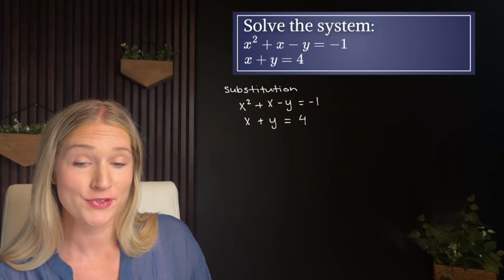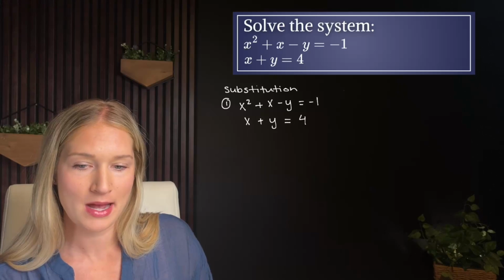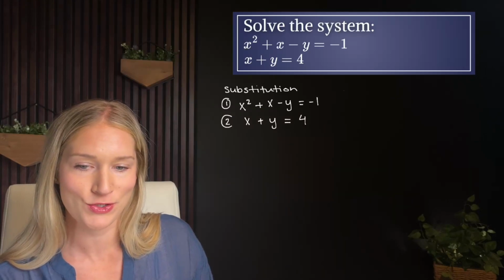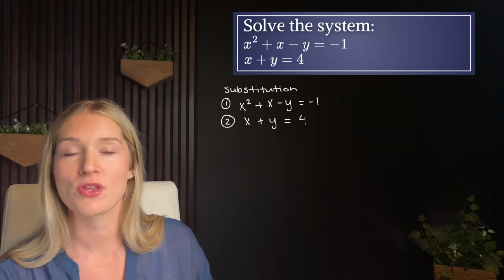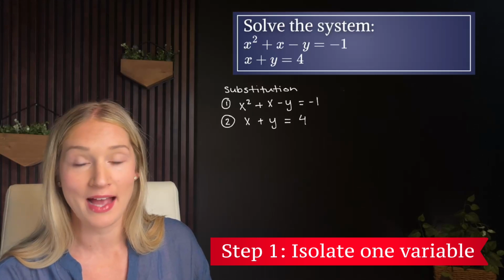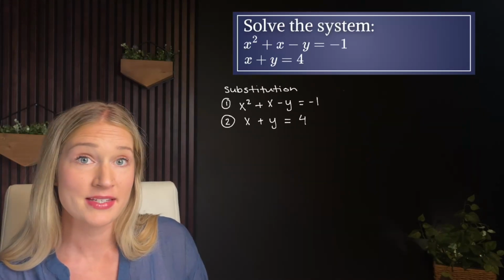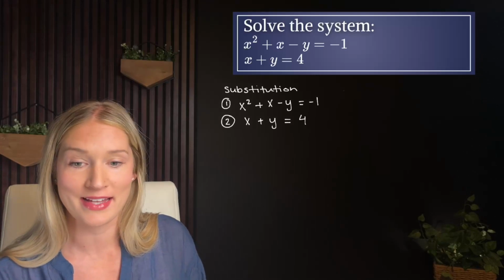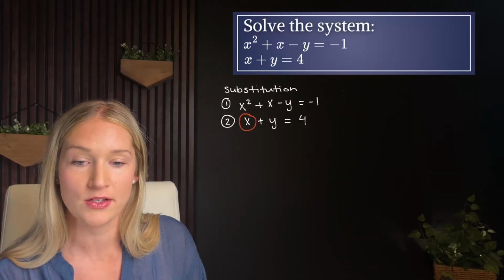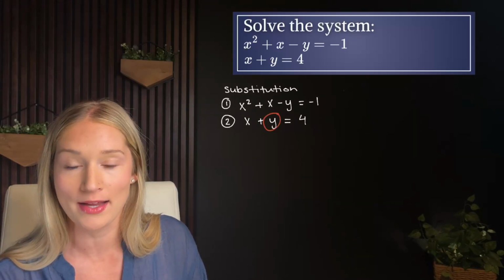I'm going to call our first equation equation number 1 and the second one equation 2. To substitute, we need to make sure that one of our variables is completely isolated, and then I'm going to replace it in the other equation. I think it's easiest to solve for either x or y in the second equation. So I either want x alone here or I want y alone.